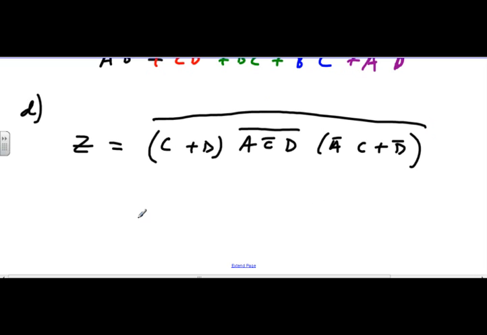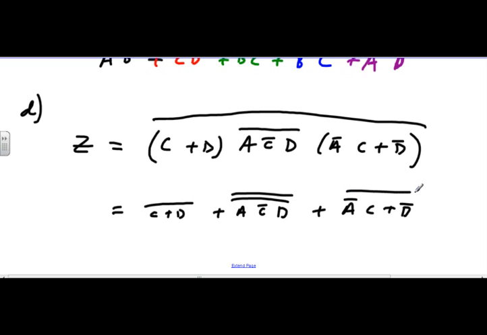Okay? Drawing it? Yes. Okay, so I'm going to go C or D knotted, or A, C naught D knotted, knotted, or A naught C or D naught knotted. Okay, so I'm going to do that first.